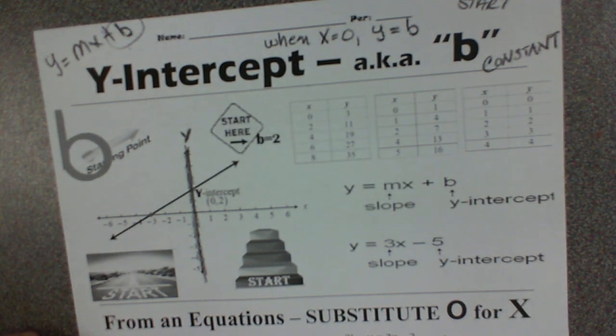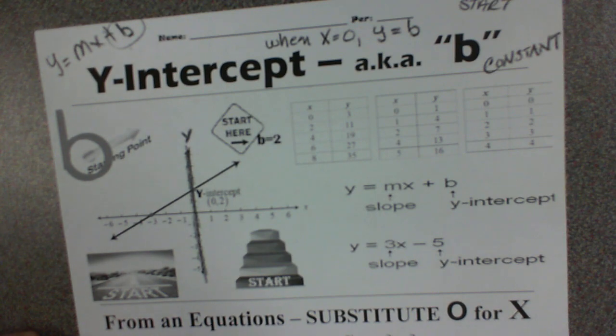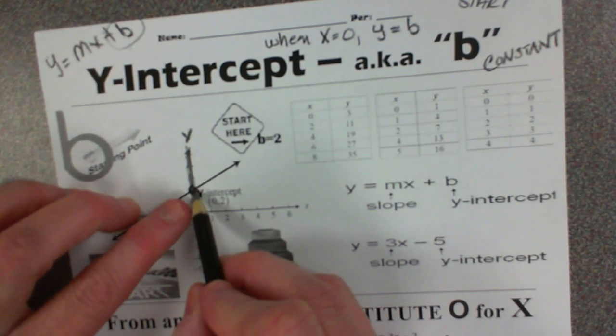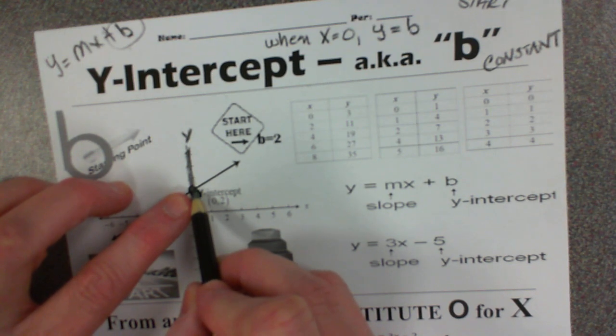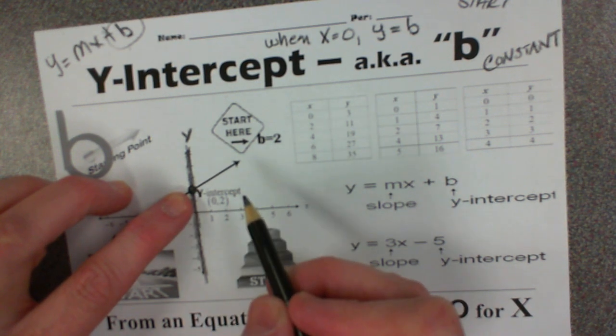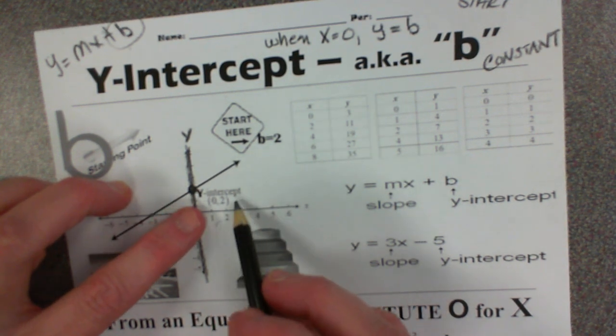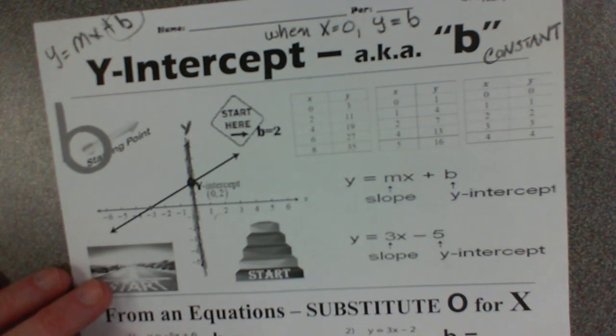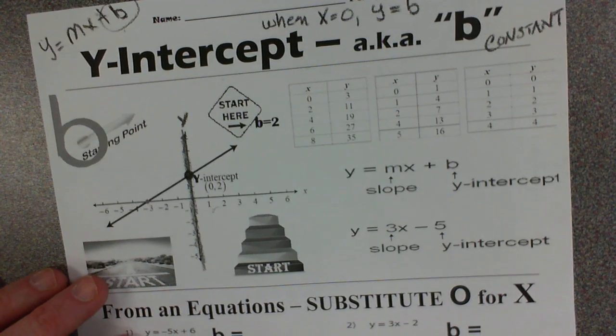The b is going to be the number where the line crosses or intercepts the y-axis. We call that the y-intercept.